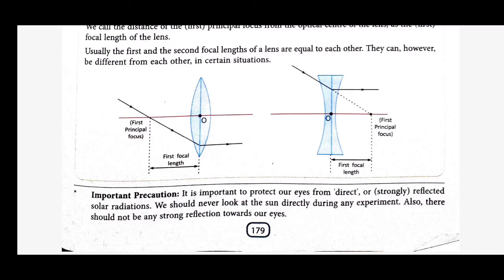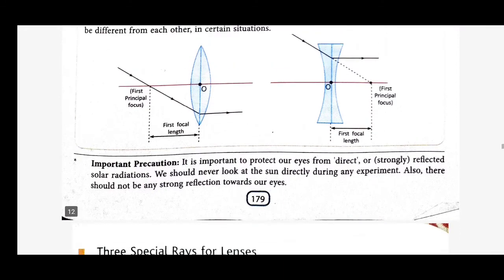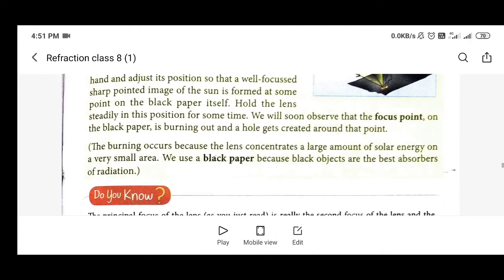So we have learned the terms related to lenses, which are center of curvature, radius of curvature, optical center, principal axis, principal focus and focal length.